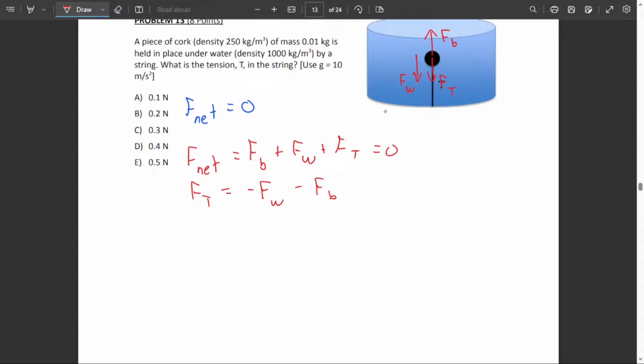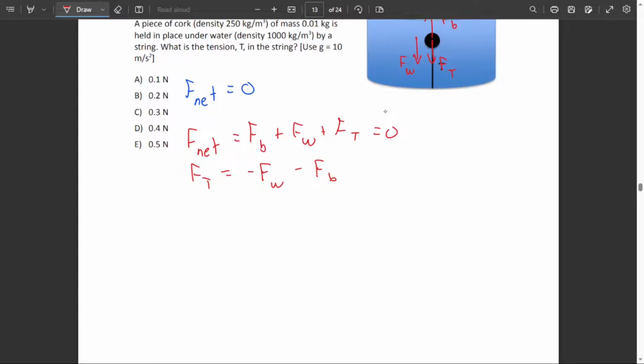We know how to calculate the weight force first of all. That's easy, that's mass times gravity. In order to calculate the buoyancy force, we are going to use buoyancy force is equal to the displaced volume times the density of the water.